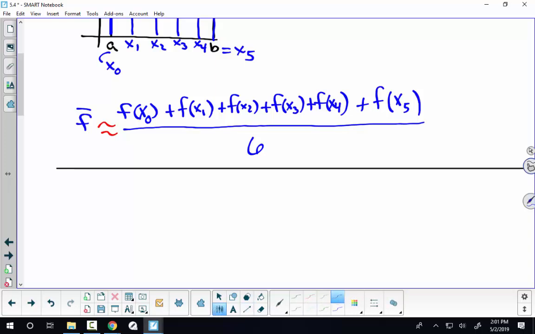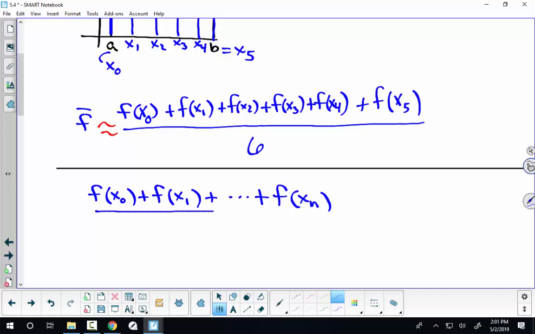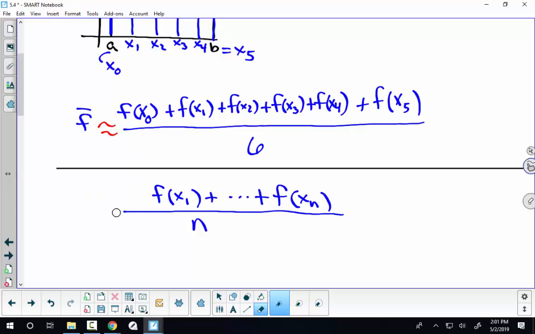So if I take f of x sub 0 plus f of x1 all the way to f of x sub n, then I divide that by n. Well, let me start here, because that would be n plus 1. It's kind of all the same, but we're going to take a bunch of y values. Maybe this time we're taking 50, dividing by 50.